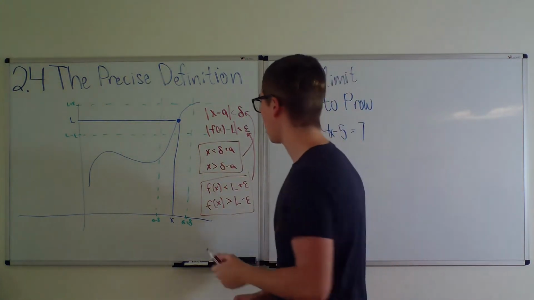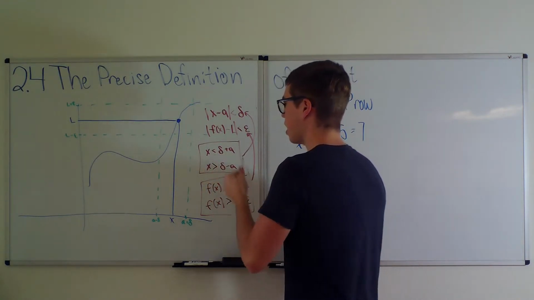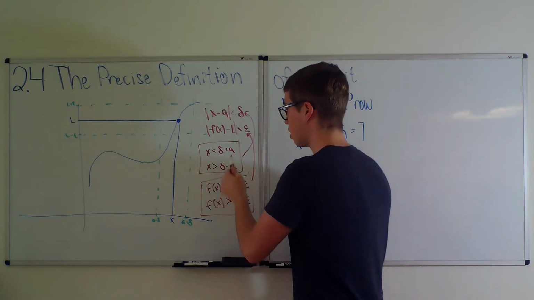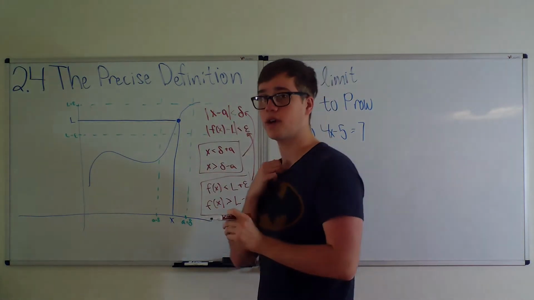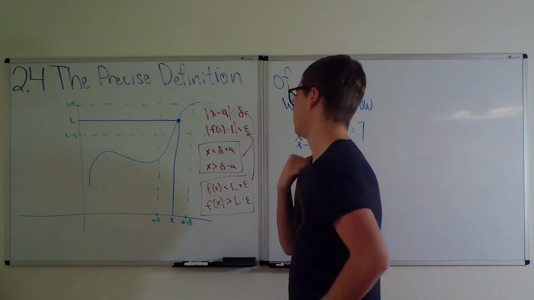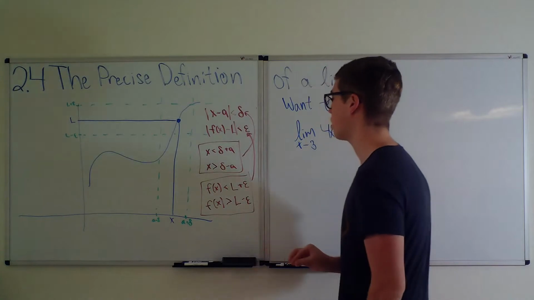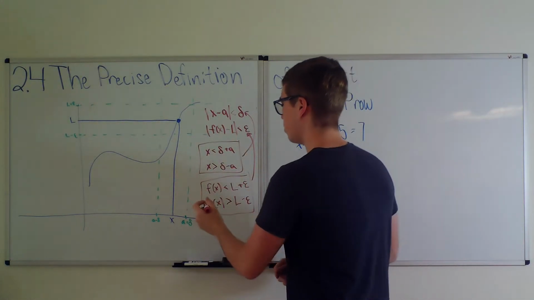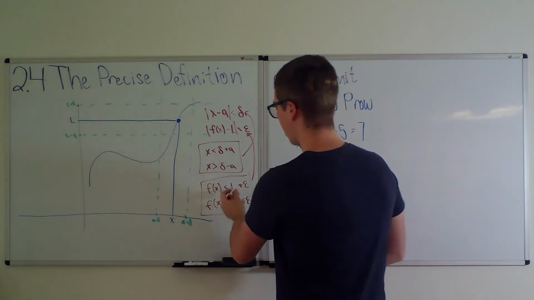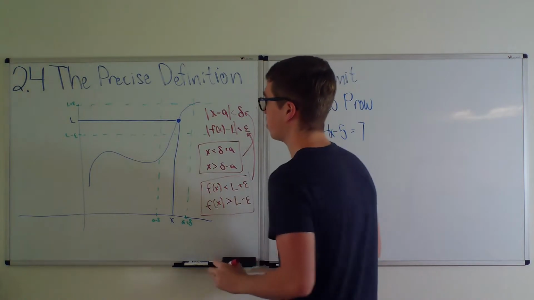From there, we can get x is less than or equal to a plus delta, and x is greater than a minus delta, because if you split up the absolute value, that's what you get. But you guys did that in algebra, so you should be able to do this. And similarly, for the absolute value of f of x minus L, you get f of x is less than or equal to L plus epsilon, and f of x is greater than L minus epsilon.